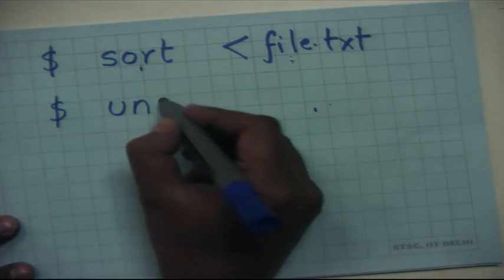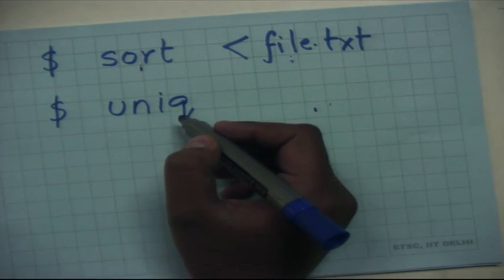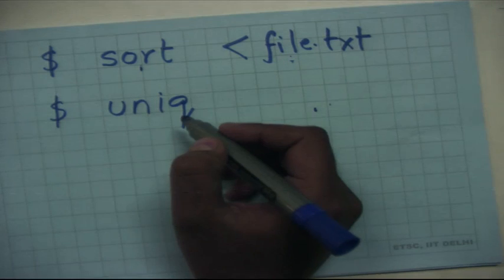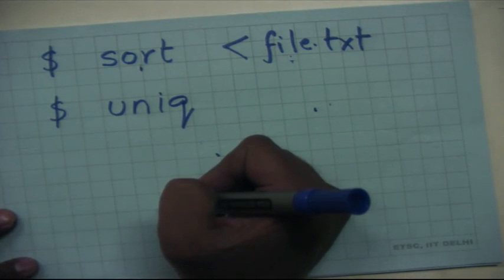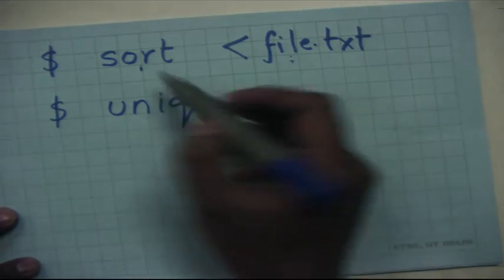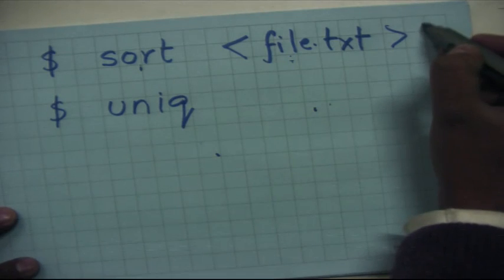Then there's a program called uniq which takes a sorted file and eliminates all duplicate entries from that. So it just retains the unique entries in the file. So one way to do this is I sort file.txt and redirect it to, let's say, some file temp1.